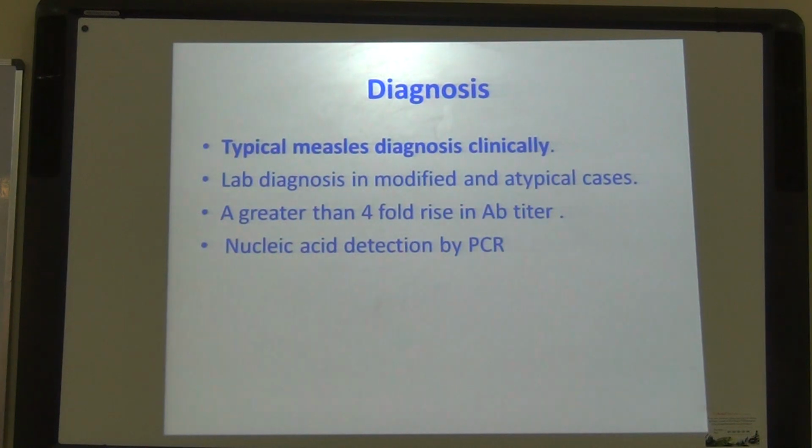In this case, the antibody titer is important, and it must show a 4-fold rise when taken at an interval of 10 days to 2 weeks.